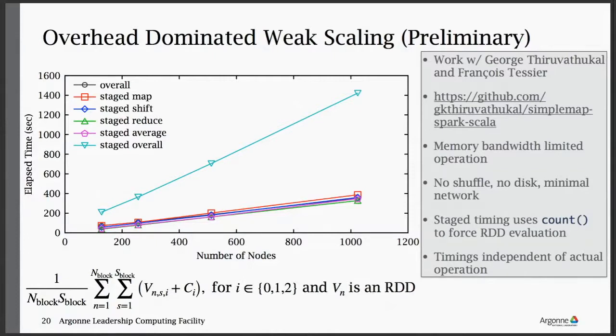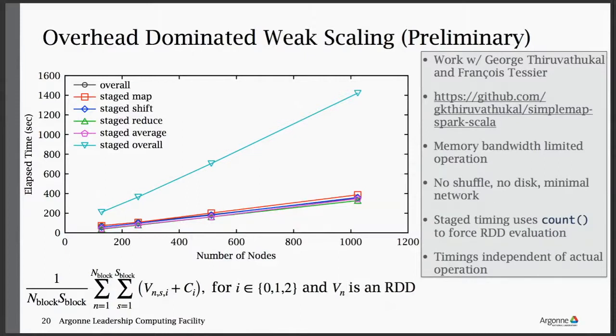It's what we call weak scaling. Here we ran 128, 256, 512, and 1024 nodes. The overall time of this map and reduce is hidden here, I think one of the black lines.